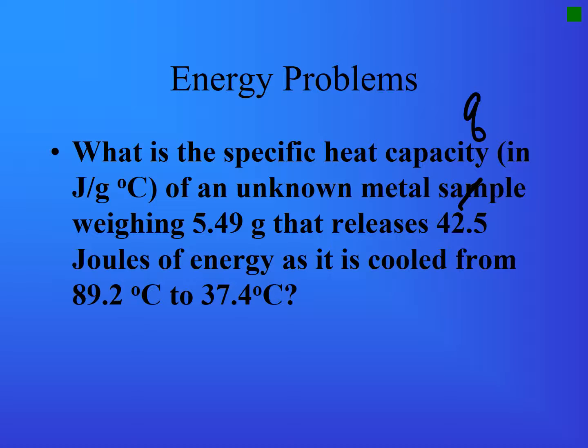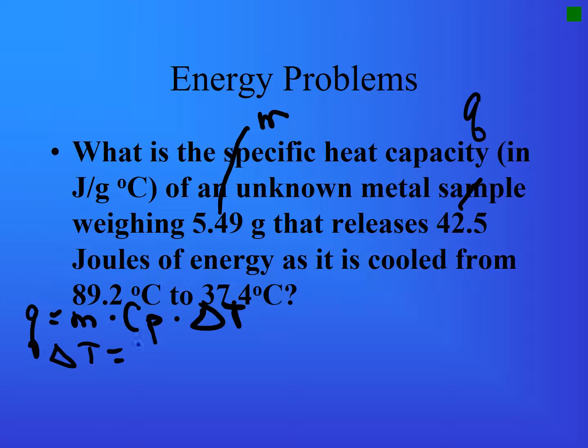We know that Q = mCpΔT. This is our m, that's our Q, and it's going to be negative. Our ΔT is also negative because you're going T final minus T initial. So our T final is 37.4 minus 89.2.